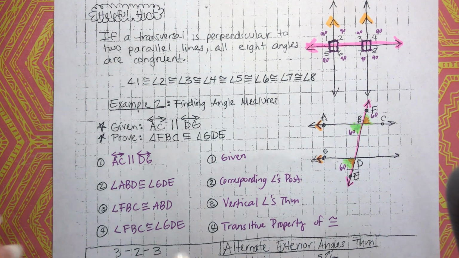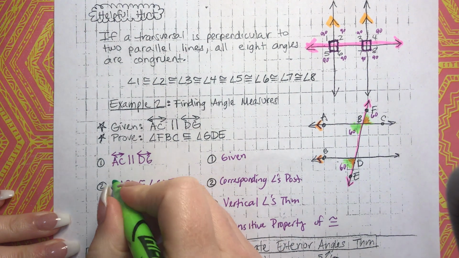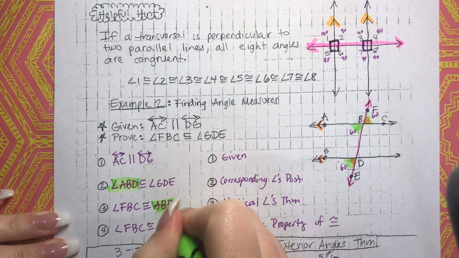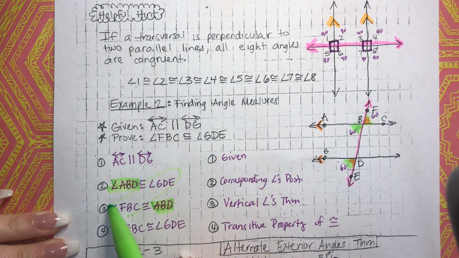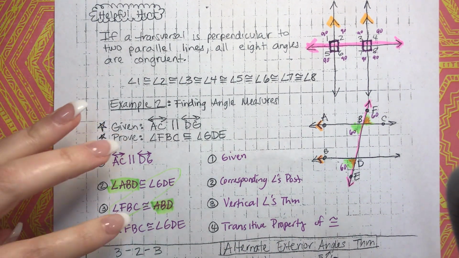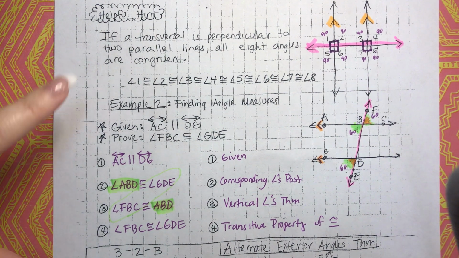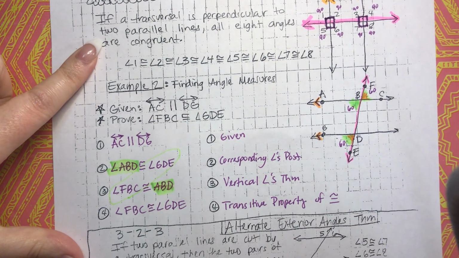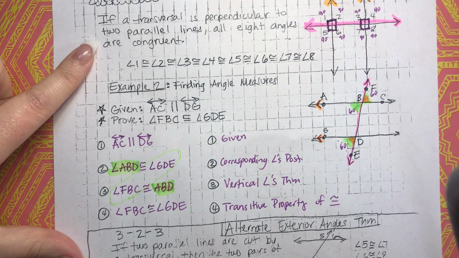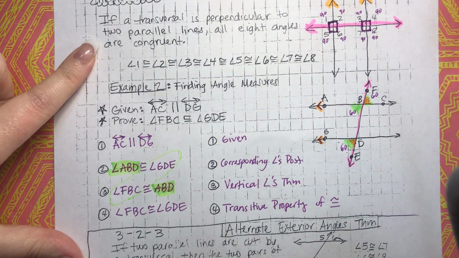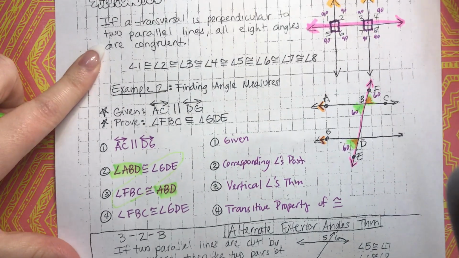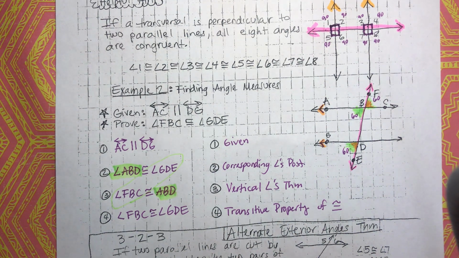Do you remember that? If there's an angle that's congruent to the same angle, then those two angles are actually congruent to each other. That's the transitive property of congruence that you guys learned back in chapter 2, right? Yeah, chapter 2.